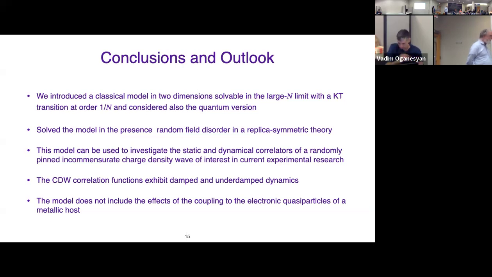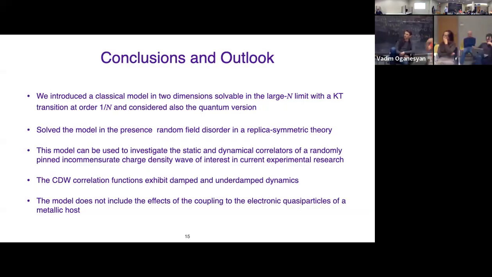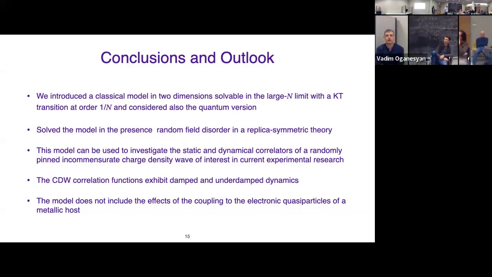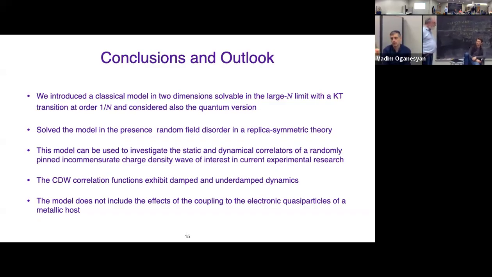From the replica point of view, you do have a transition between uncoupled replicas to coupled replicas. You do have a transition. So this would reflect in the dynamics of the machine, which could mean that the system doesn't equilibrate immediately.